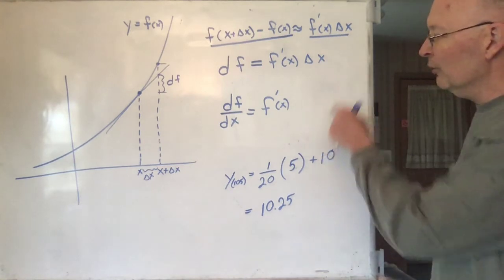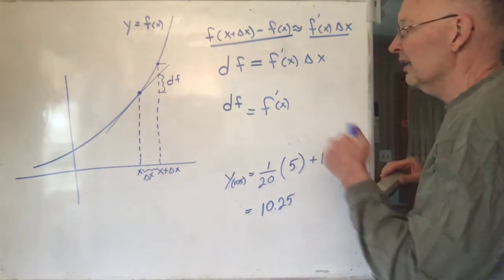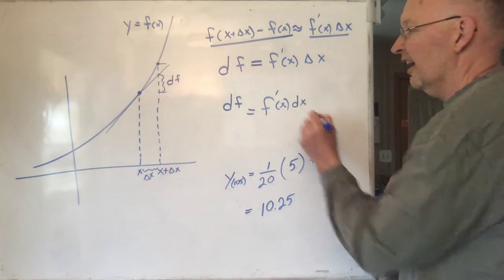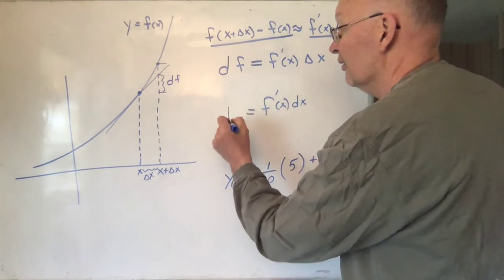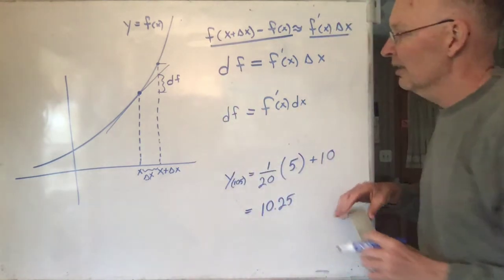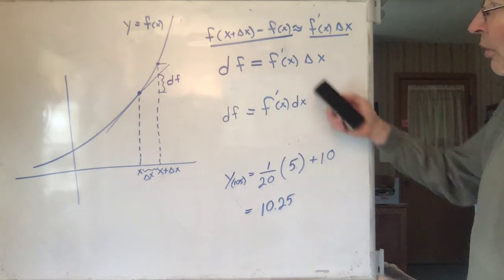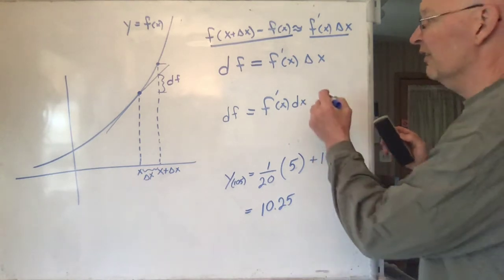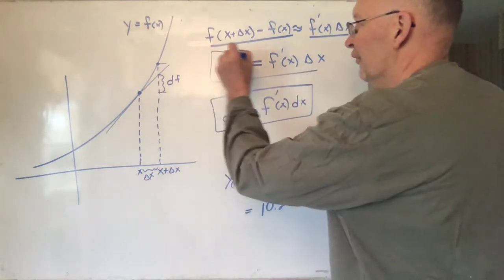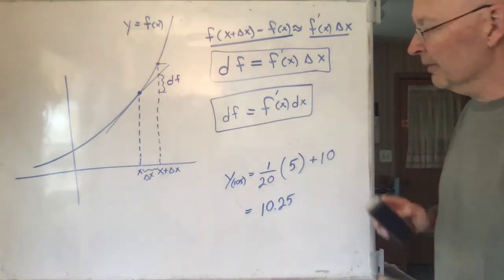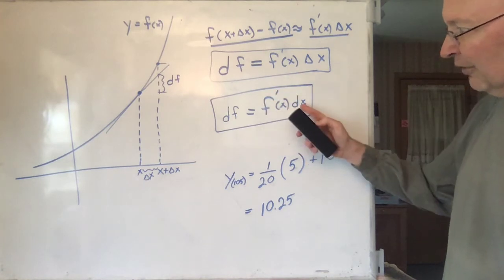So just like we did with those lines earlier, if you multiply through by dx, you get that the change in the y value is the slope times the change in the x value. So either one of these, you'll see them as the definition for df. It's called the differential of f, but it just means that it's the slope times the change in x.